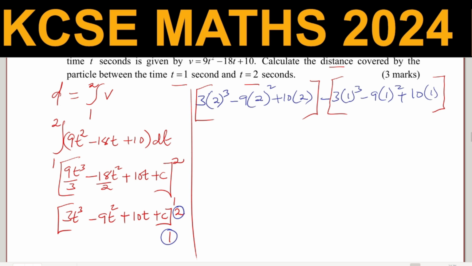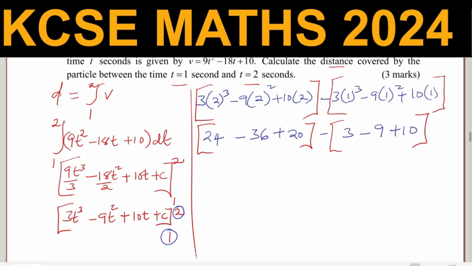Now work it out. This is 3 times 8, this will give 24. Subtract 9 times 4, you get 36. Then plus this one will give 20. Then subtract, we have 3, minus 9 plus 10.